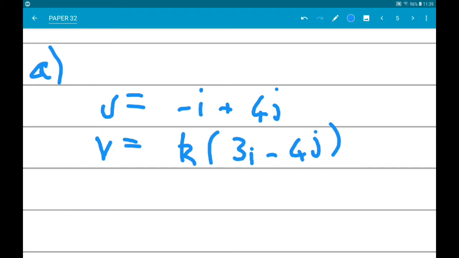So again we know where it's moving, but we don't know the size of the vector, and we also know that a is 2i minus 3j.